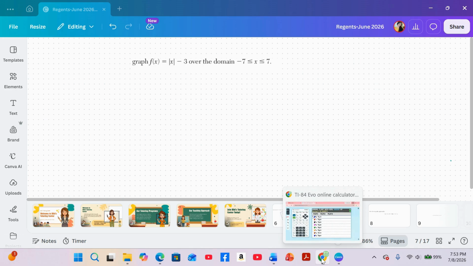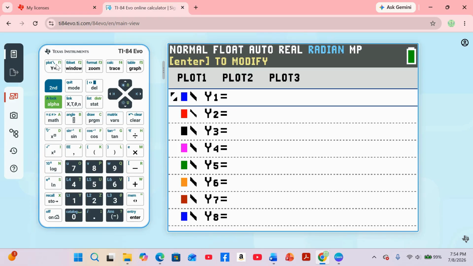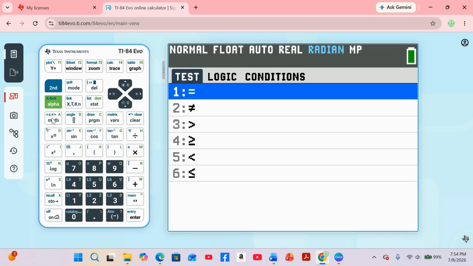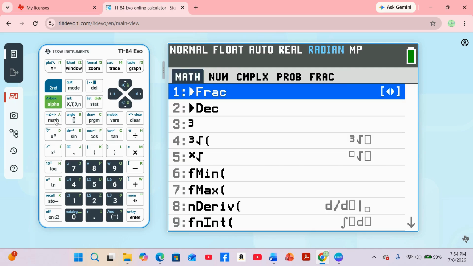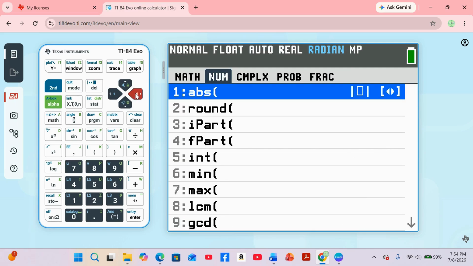We have y equal to, math, number, absolute value.